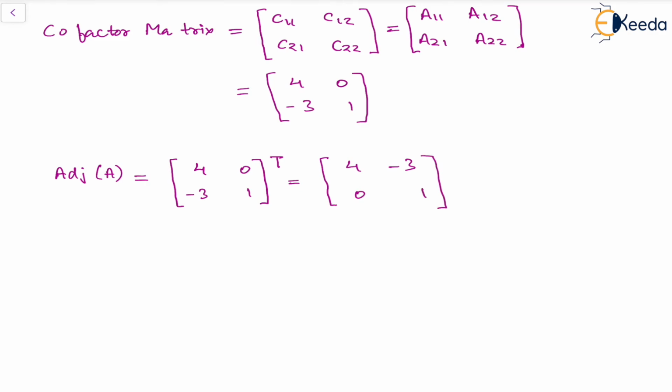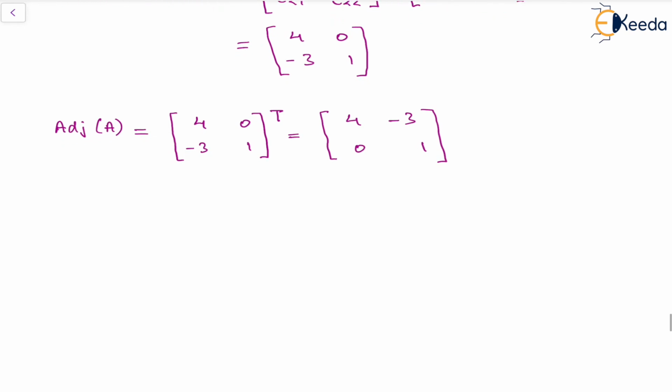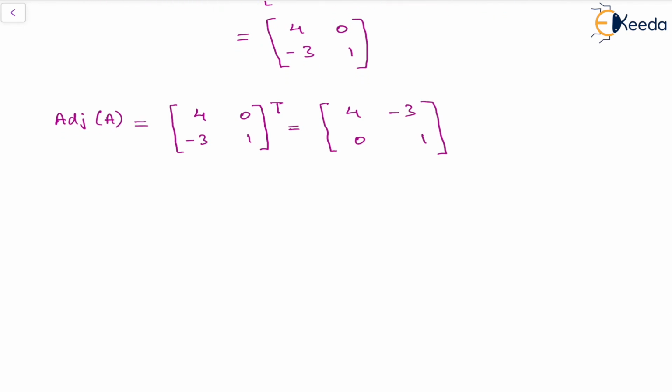Therefore, we have found the cofactor matrix and then the adjoint matrix. So adjoint A is the matrix with elements 4, negative 3, 0 and 1.